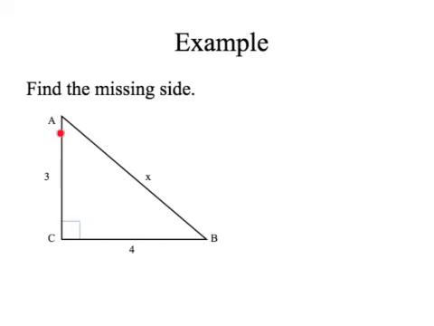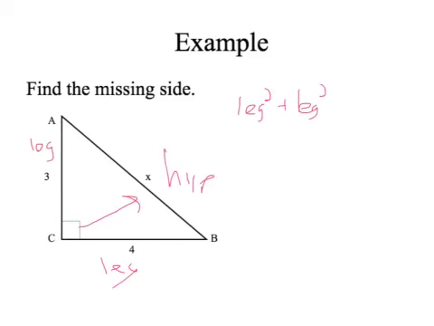So the sides of the right angle would be AC, so this would be a leg, and side BC, so this would be a leg, and the side opposite of the right angle is your hypotenuse. The general formula for the Pythagorean theorem is leg squared plus leg squared is equal to hypotenuse squared.